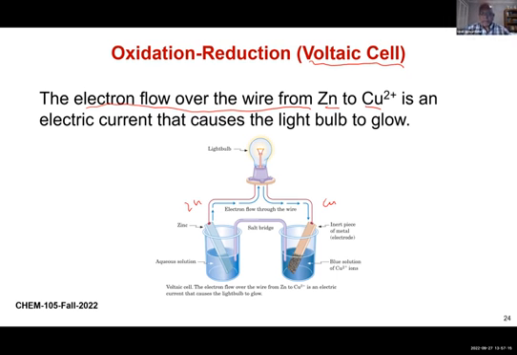We create a voltaic cell. When you design a diagram like this with two half reactions, this is the reduction half reaction, this is the oxidation half reaction.